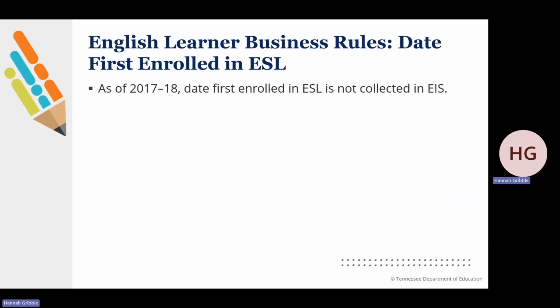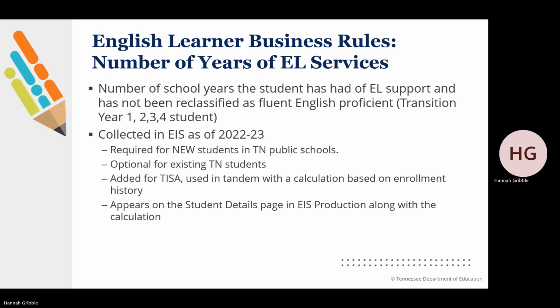As of 2017-18, the date first enrolled in ESL is not collected in EIS. The number of school years the student has had of EL support and has not been reclassified as Fluent English Proficient, which would be transition years, is collected in EIS as of 2022-23.